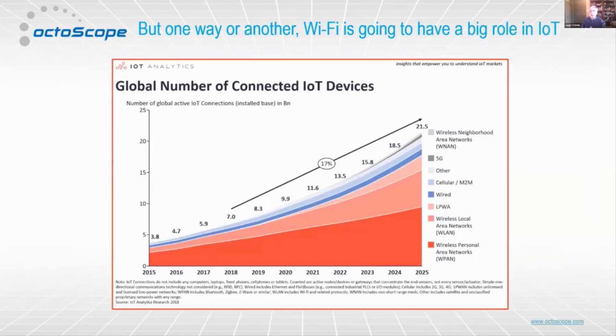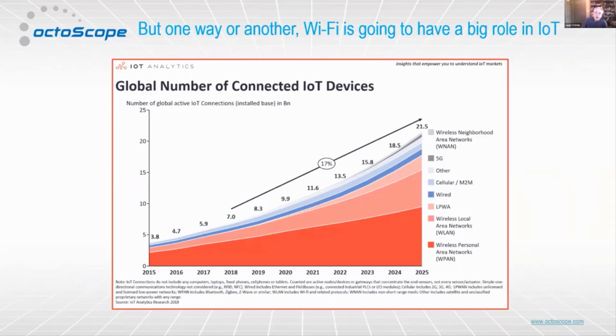The reason that this is all important in the context of IoT is that we just got a question about Bluetooth, Bluetooth Low Energy. There are absolutely a lot of technologies that are going to be used to support the IoT, but I think there's just no question that Wi-Fi is going to be an important one of those.